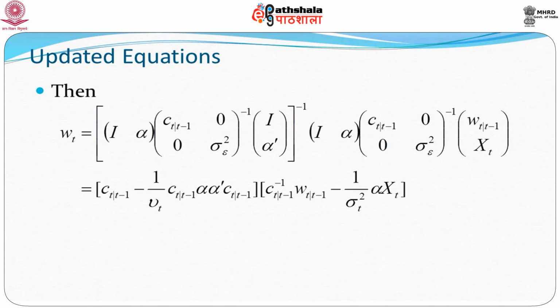That is what we generally get, and that is how we write it. And then after a little bit of algebra, we can write this Wt as Wt given t minus 1 plus 1 by nu t into Ct given t minus 1 alpha times Et, with Ct equal to Ct given t minus 1 minus 1 by nu t Ct given t minus 1 alpha alpha prime Ct given t minus 1.